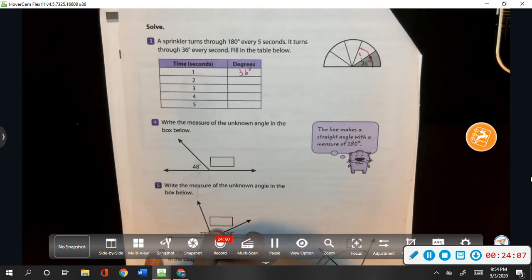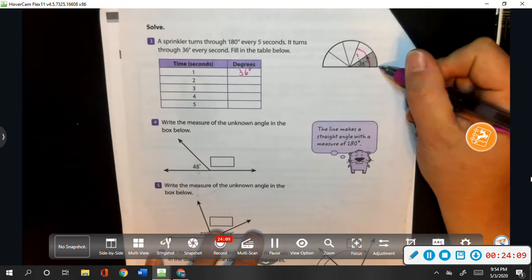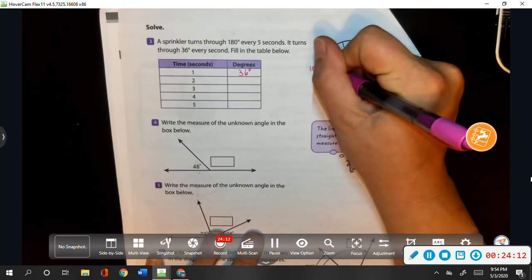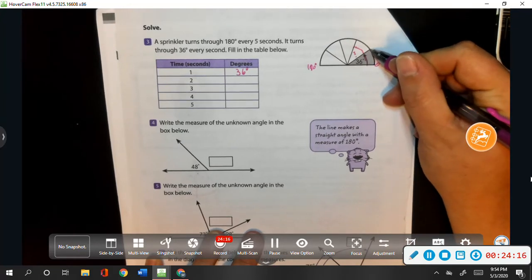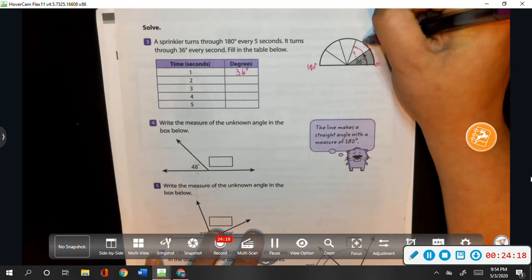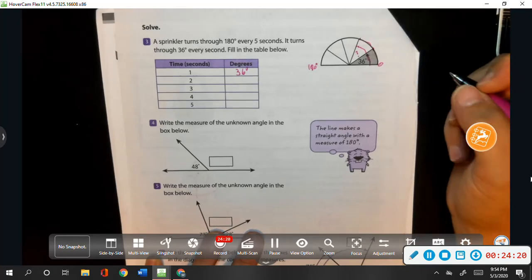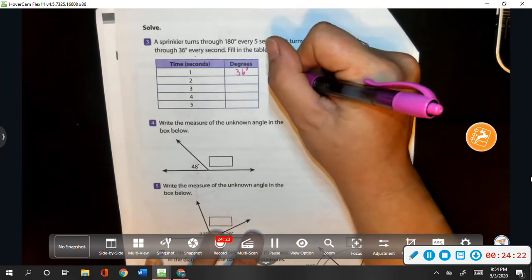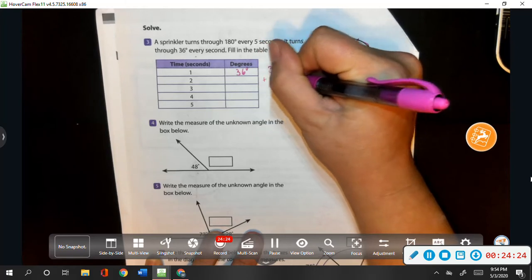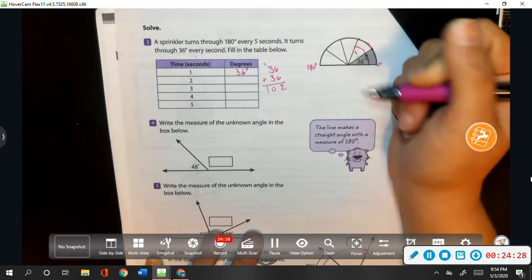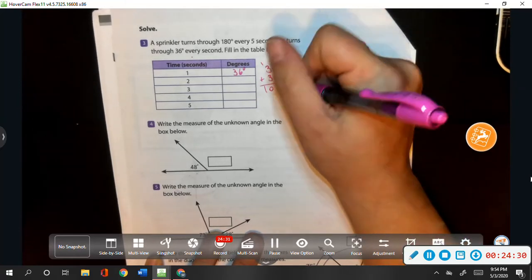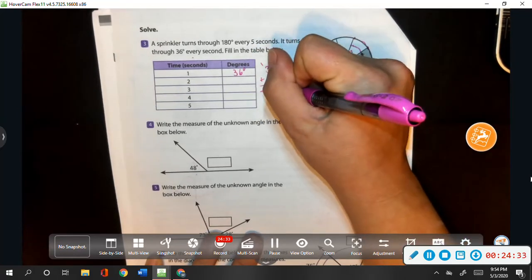Well, remember this is 0, this is 180, alright? So if we're starting at 0, this is 36 1-degree turns so far. How much would this be? Well, we add 36. 36 plus 36 would be 72.